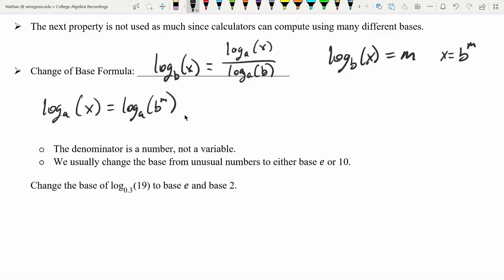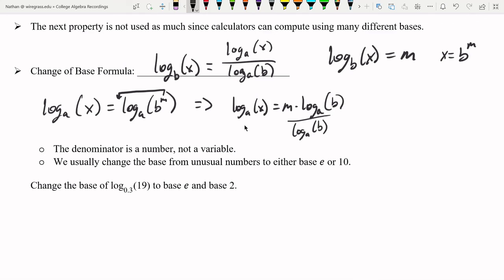I haven't changed anything, right? I've done it to both sides. But now I can use the property of logarithms that says I can move the power in front. So this gives me log base a of x equals m times log base a of b. I just divide out log base a of b.